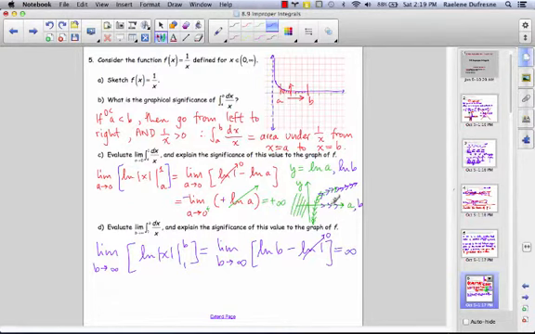So what we're seeing is that the graph of f is not the graph of ln x or ln a or ln b. The graph of f is the graph of 1 over x. And what we are talking about is the area under 1 over x from x equals a to x equals b. Well, if a is approaching 0, then we have an infinite amount of area. And if b is approaching infinity, then we have an infinite amount of area.